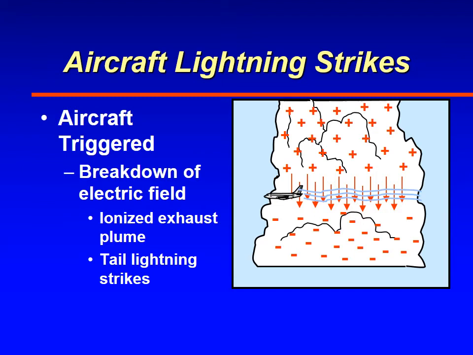When that happens, it ionizes the air in the exhaust, so it carries a charge, either positive or negative, and that acts as sort of a conductor that will break down the electric field and allow ions to flow from one part of the cloud to the other, but then fly up the plume and cause a tail strike on the aircraft. And this is seen quite frequently. You end up getting a lot of tail strikes, and they theorize that these tail strikes are because of the aircraft breaking down the electric field.